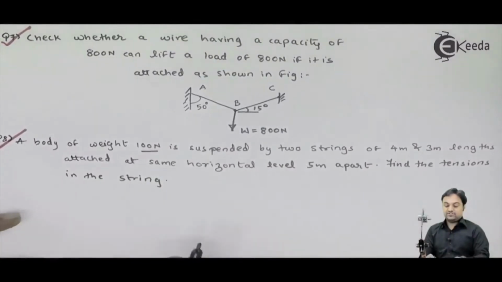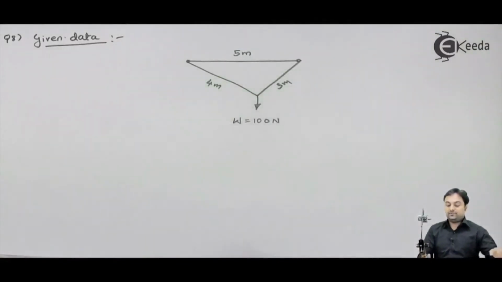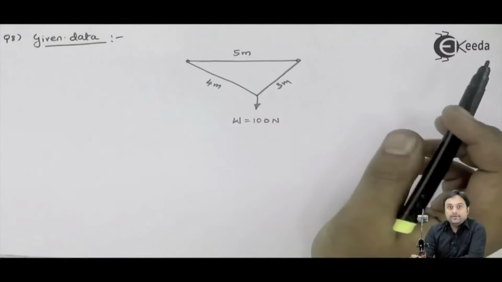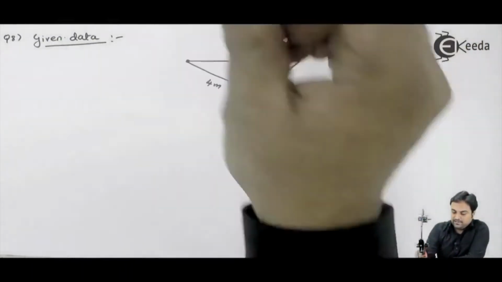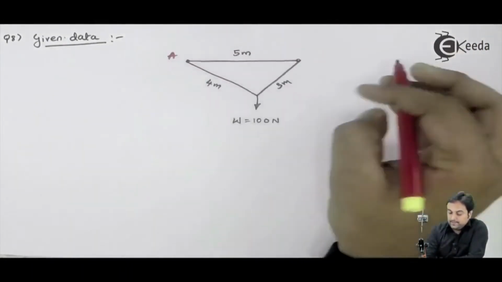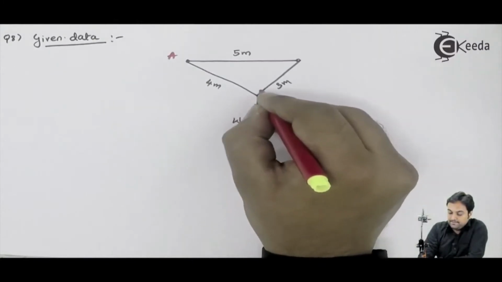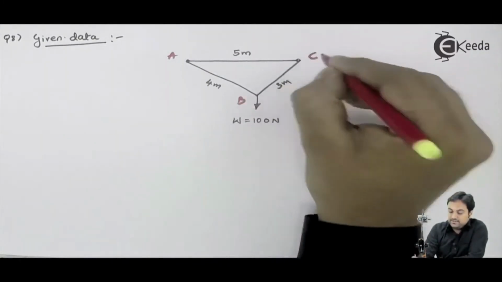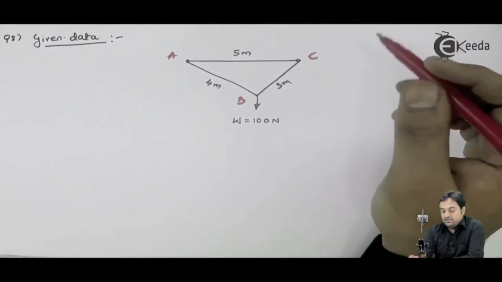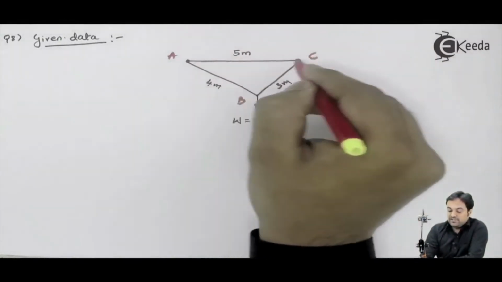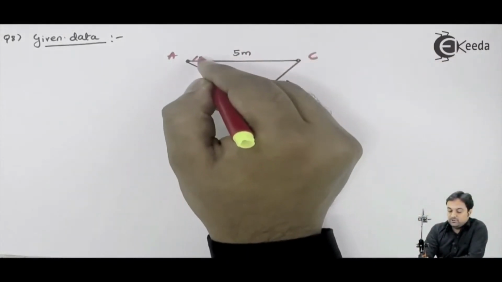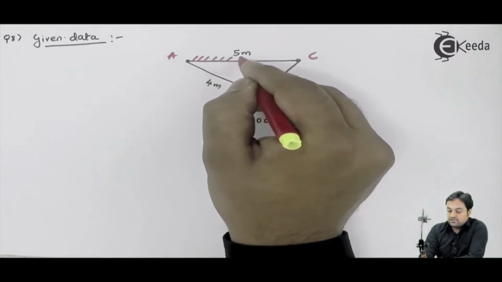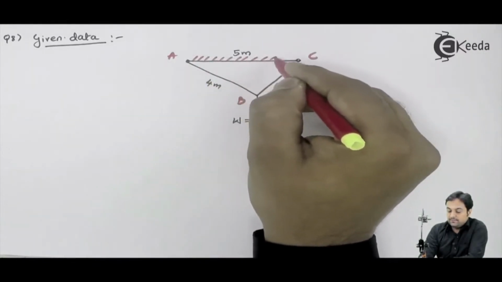Find the tensions in the string. So in this case, I have to calculate the tension in the strings. I'll mark it as A, B and C. When I'm fixing it at 5 meter horizontal surface, this horizontal surface is the ceiling.